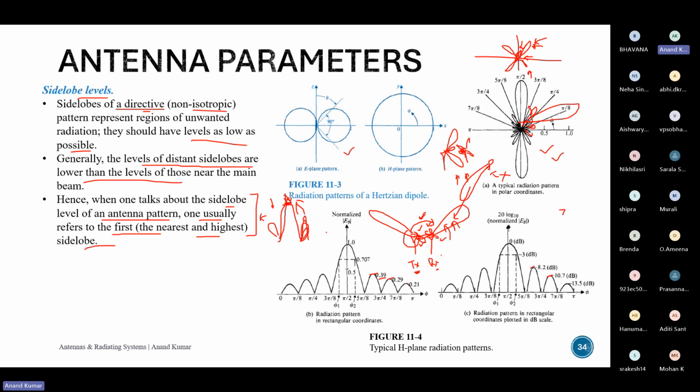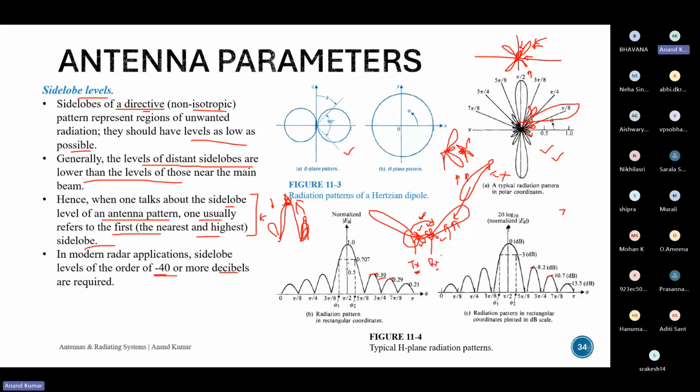But as an antenna designer, you will be asked to reduce the side lobe levels. It could be as high as minus 40 decibels. So you have to make sure your side lobe levels are below minus 40 dB relative to your main beam. If you achieve this, this is a pretty good standard to maintain.